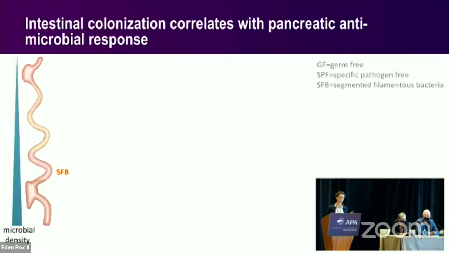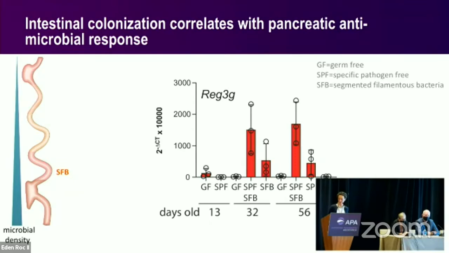Particularly, there's one locus called the Reg locus, named for islet regenerative factor, but its alternative name is pancreatitis-associated protein. So whenever we saw a fluctuation of one of those proteins, Reg3 gamma, in the gut, I looked at what that looks like in the pancreas itself. I'll take you through this.